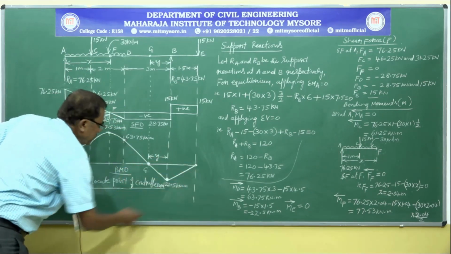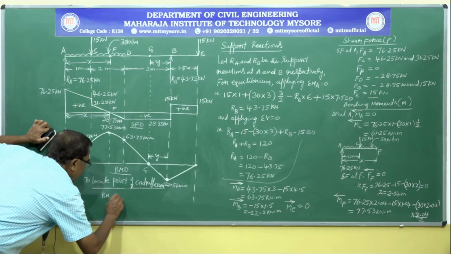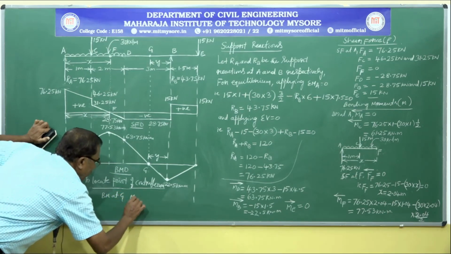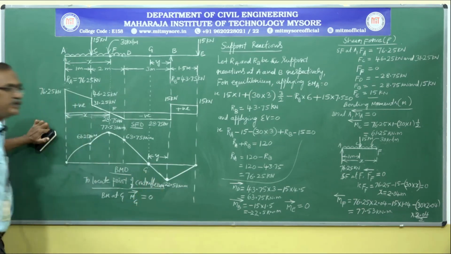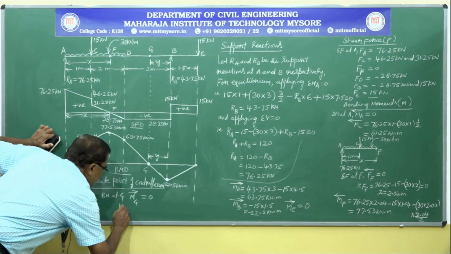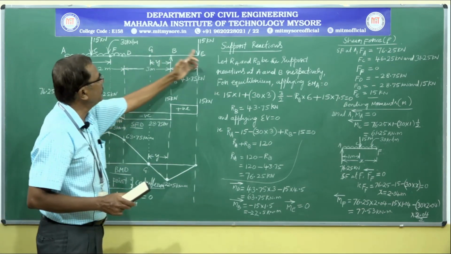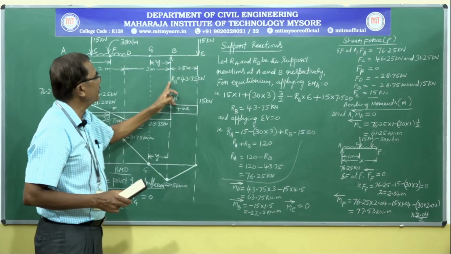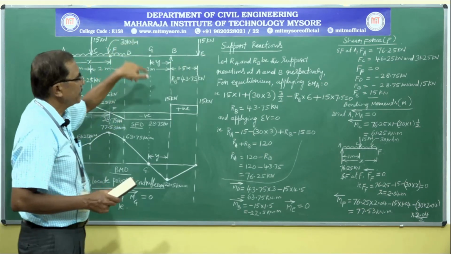So, to the right of point G, consider the bending moment at G, M_G, by considering forces to the right-hand side, equal to 0. That is, to the right side of point G, consider only 2 loads here: the support reaction acting in the upward direction and this point load acting in the downward direction.